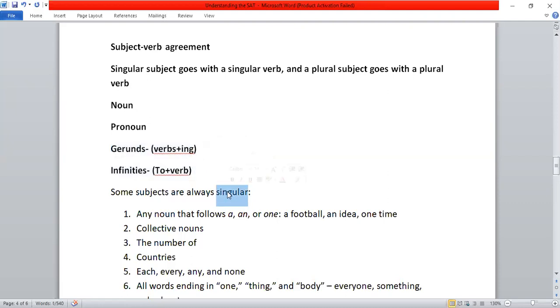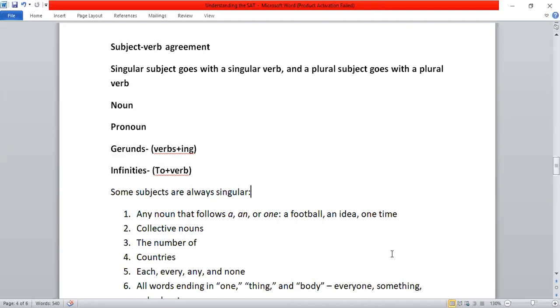Certain other subjects that are always singular. Any noun that follows a, an, or one: a football, an idea, one time. Any noun, if it is followed by this, that means you're using a singular noun which requires a singular verb. All right. Next, collective nouns.